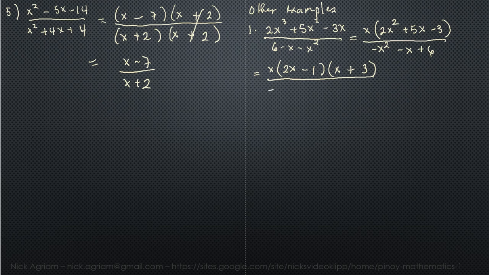And then the denominator is a little bit more complicated because we have negative x squared. So I need to remove the negative x squared by factoring out a negative. So we have x squared first. It will become positive because of the negative outside the parentheses.